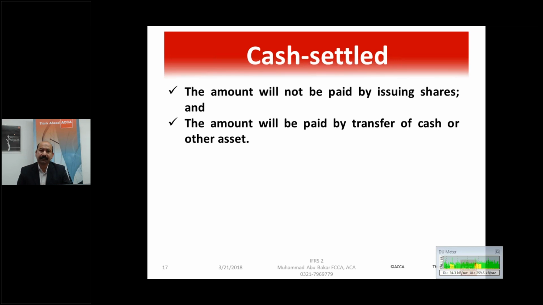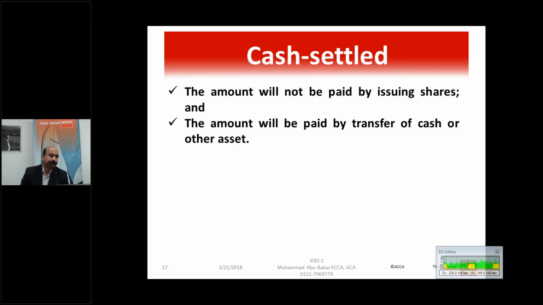If there is any change, the standard allows you to account for that change. So this will definitely affect your expense, but that expense is being affected due to the change in the conditions, the vesting conditions.